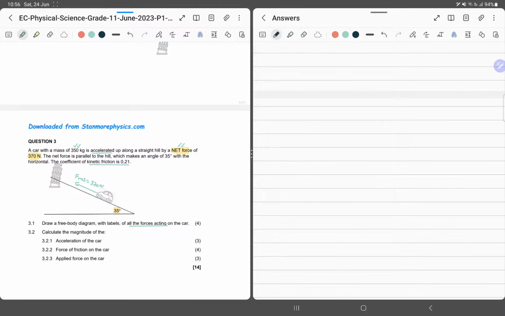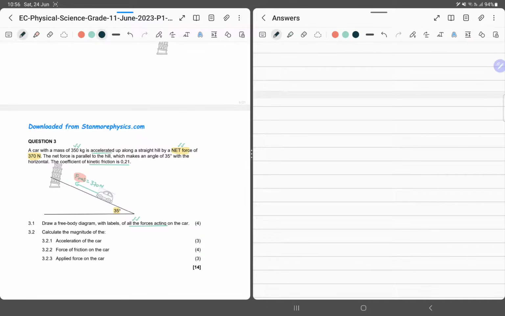Remember, this is just the resultant force, so it doesn't show all the forces. But now when it says all the forces, it means you're going to do the reverse. You want to show the rest of the forces that are acting on that car.